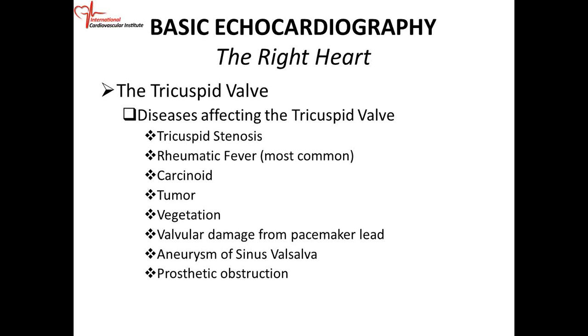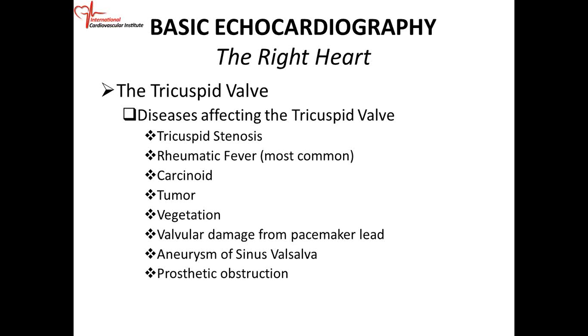Carcinoid is a substance which is produced by a tumor. The tumor usually is found in the GI tract, the small intestine or something like that. Then when it metastasizes, it travels to the liver. When it travels to the liver, it produces these chemicals which tend to give you a waxy infiltration of mainly the right side of the heart.